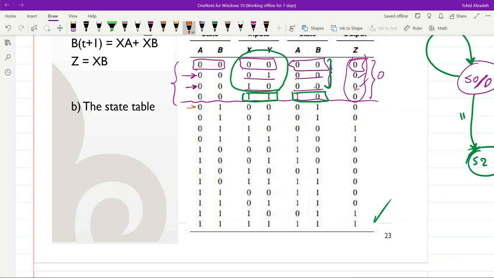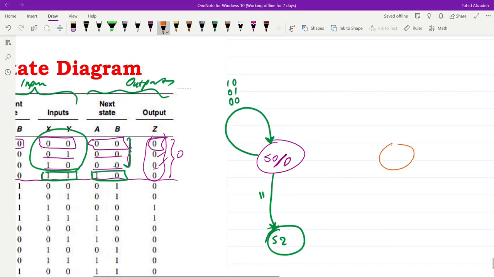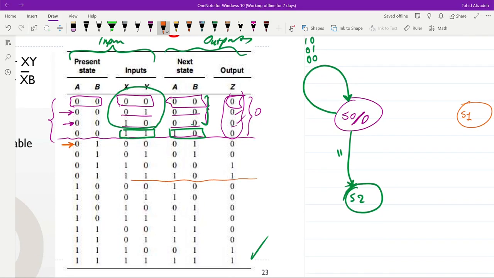For example, let me draw it again here. If we are in state 0, 1, first of all, you can see that the output doesn't depend only on the state. Therefore, it will depend on the input as well.